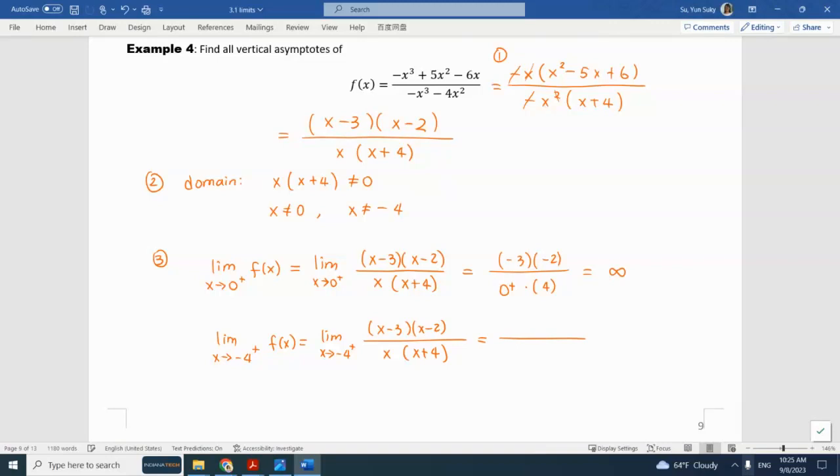Plug in -4, right? Which factor do you replace? The x plus 4 replaced by 0 plus. Okay, you replace it by 0 plus, and for the other factors you plug in x is -4.